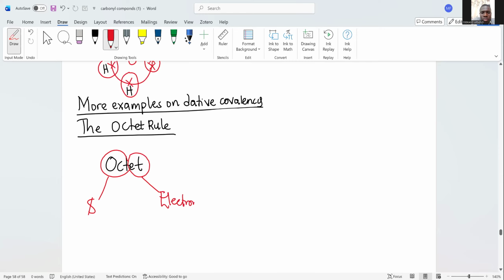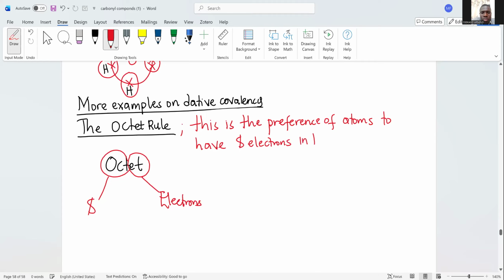So what does this mean? This is the preference of atoms to have 8 electrons in their outermost shells.